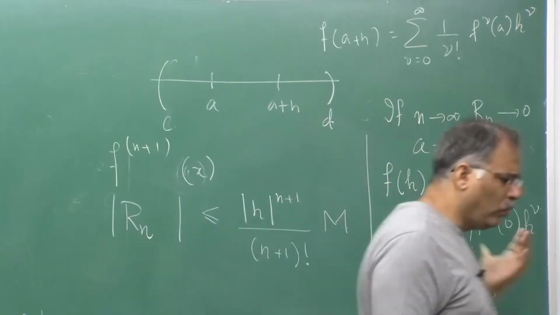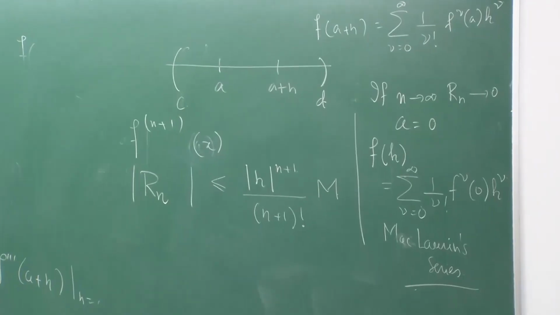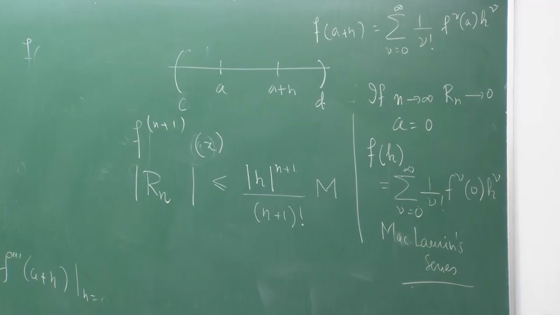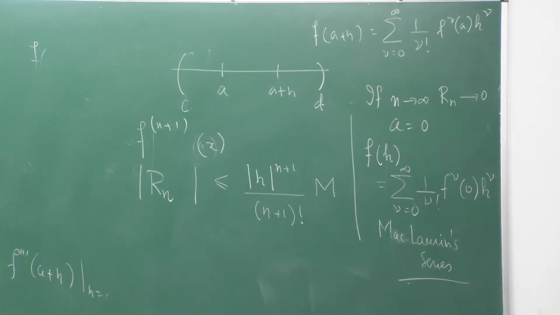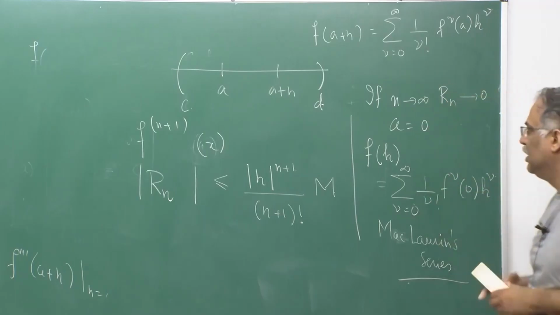Now the question is, in what case will I be able to, let us take an example where we can actually show that we are able to make R_n tend to 0 as n tends to infinity. Let us show one example first, then we will say that we can express it in a power series.